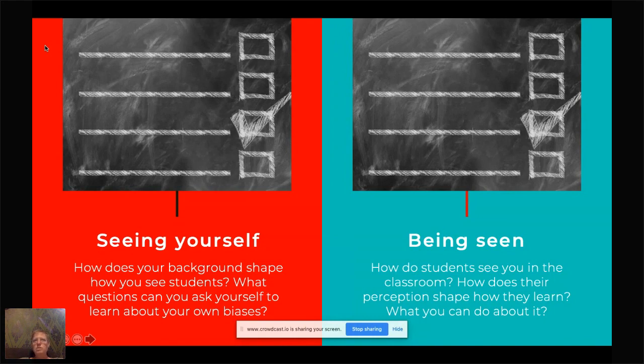So being really transparent with my students, I think, welcomes them in. There are also ways that students might see me that I don't have control over, right? So being a woman, for example, means that some students might not take what I say as seriously as they would take what a man would say.